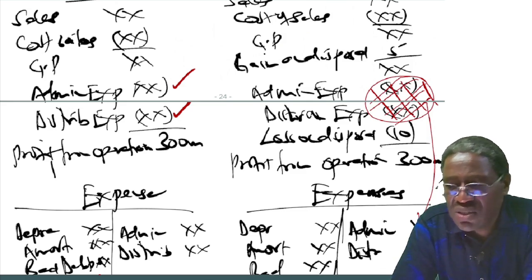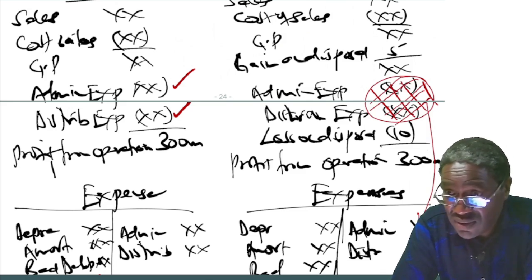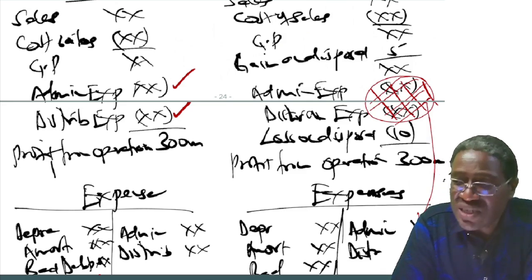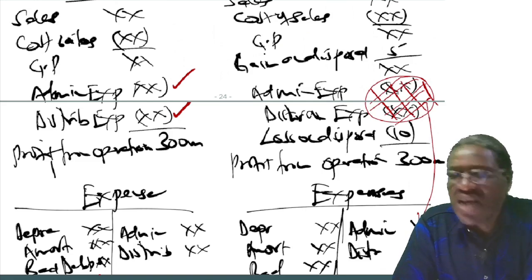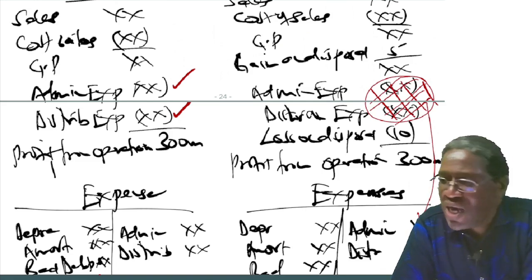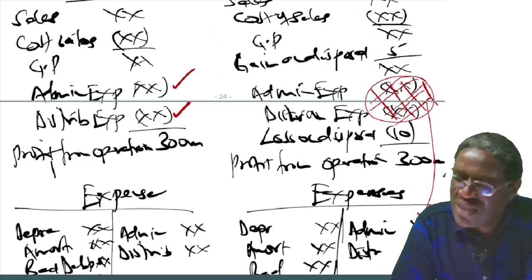So the question is, will I use it? For accountant number A, I can't see it. For accountant number B, I can see that he has shown me the amount separately.